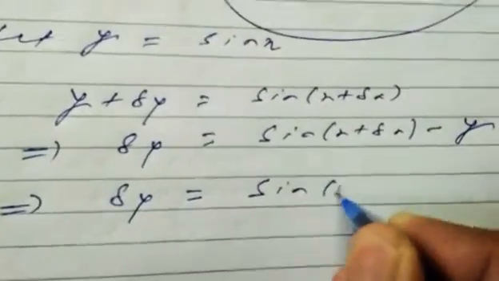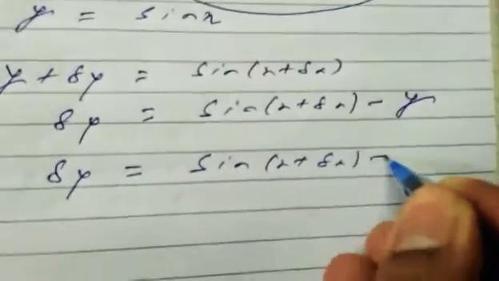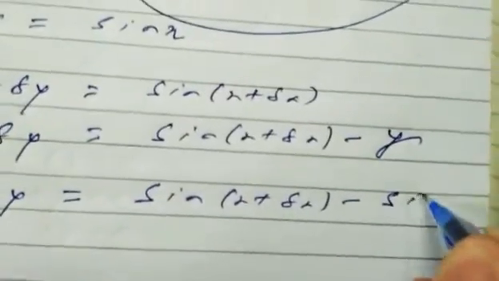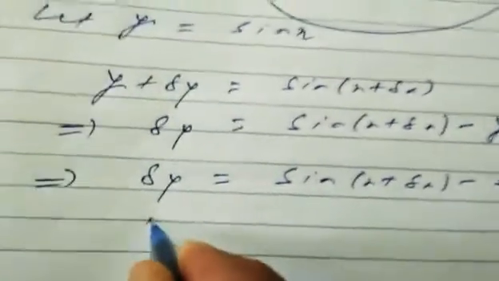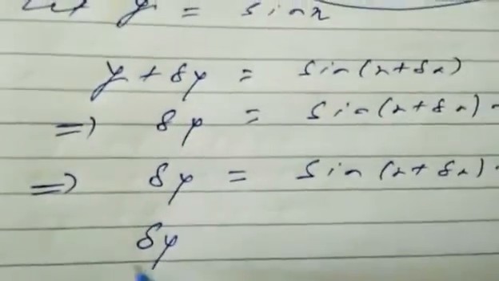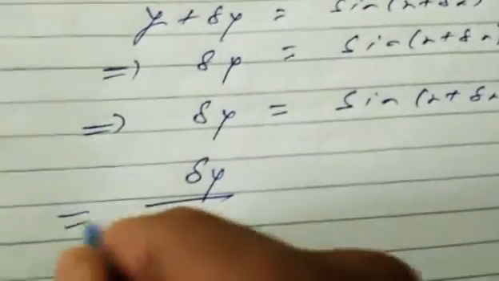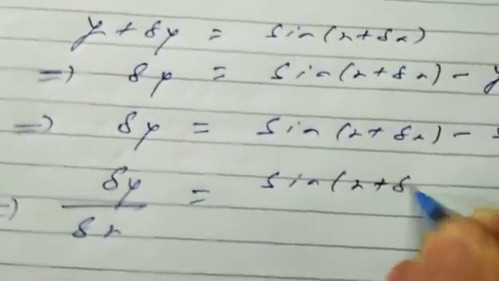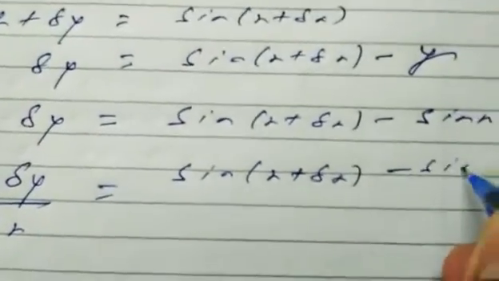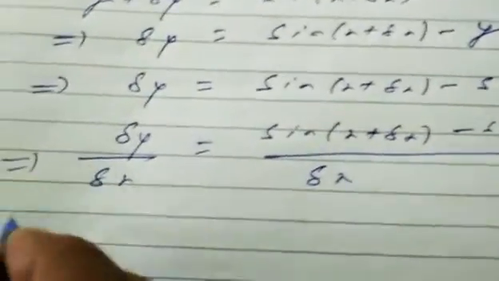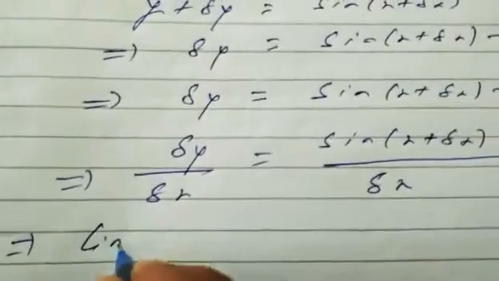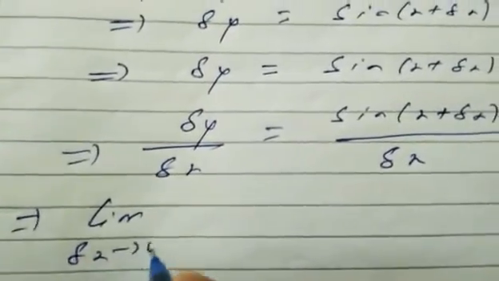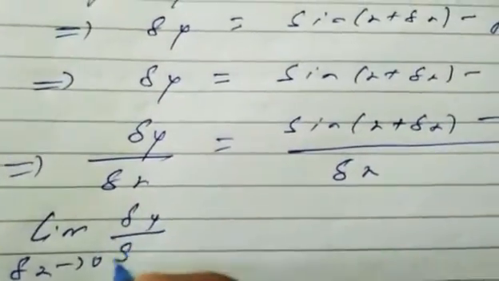So del y is equal to sin(x + del x) minus sin x, because y is sin x. Now del y upon del x, dividing both sides by del x, is sin(x + del x) minus sin x upon del x. And since del x is a very small amount, we can put del x tending to 0, and this is del y by del x.